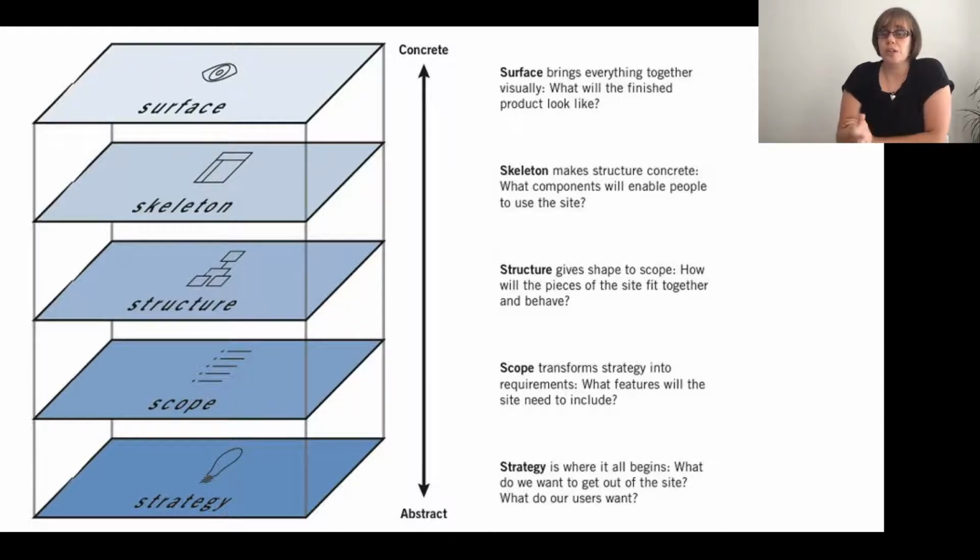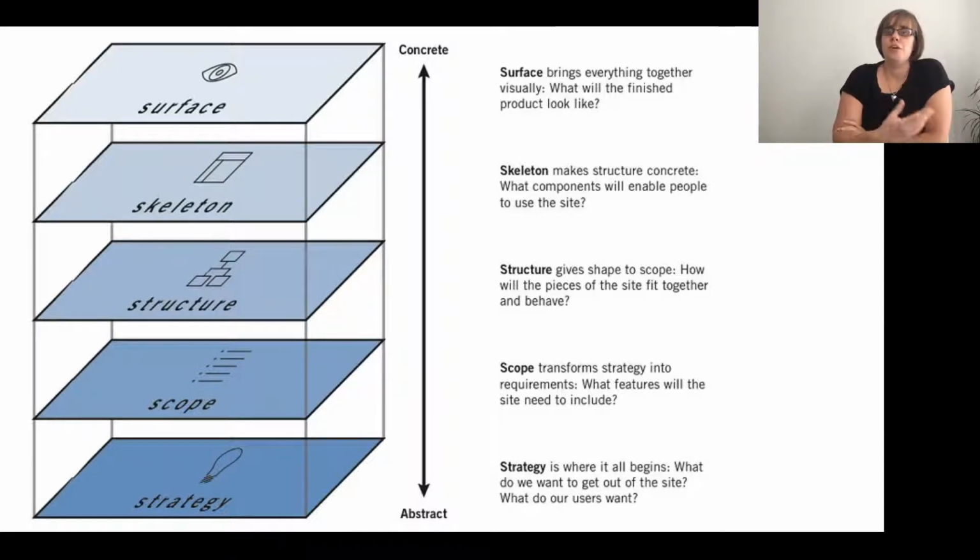And at this point, I don't care about the UI, I don't care about what it looks like. I'm just trying to give my abstract idea some kind of structural resemblance. From that structure, I then move into this skeleton element, and this is what we'll soon know as wireframes.